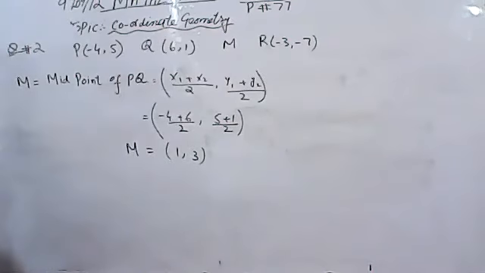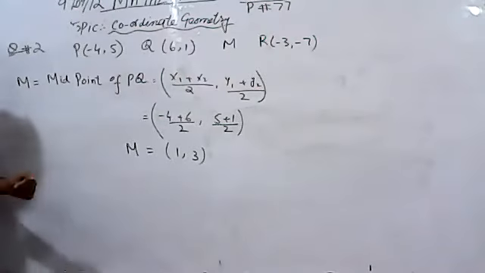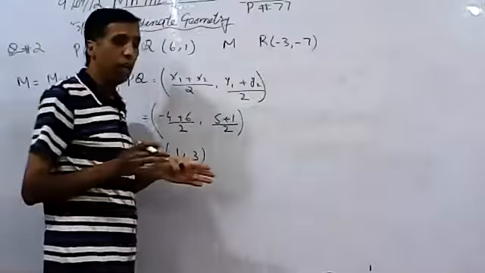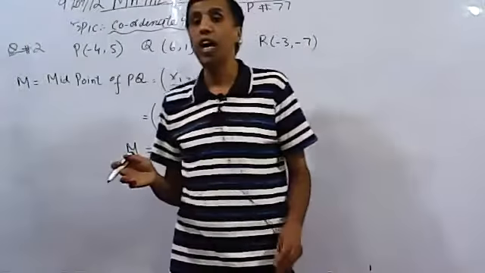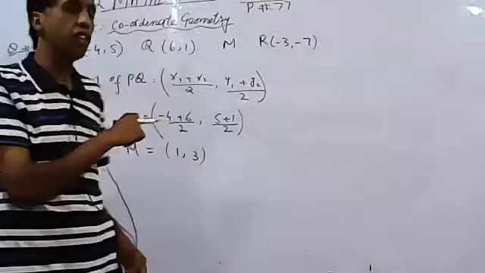Now the point R has coordinates minus 3, minus 7. We have to show that RM is perpendicular to PQ. To prove that RM and PQ are perpendicular to each other, we need the gradient.